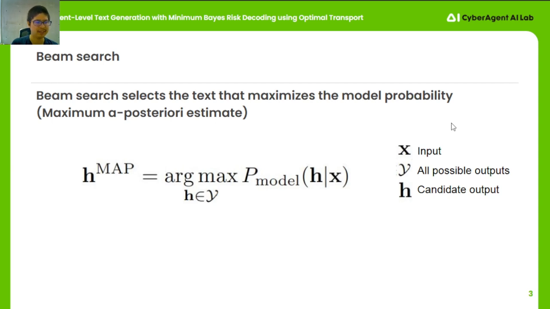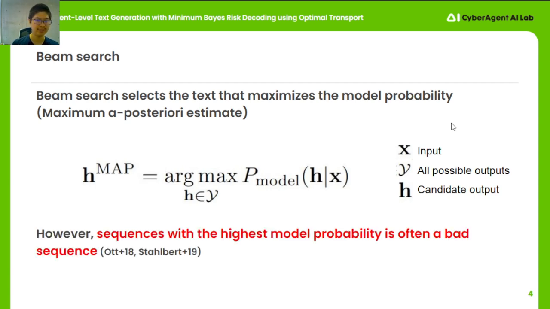But essentially, it is what's called a maximum a posteriori estimate, which is the inference algorithm in machine learning, where you select the hypothesis or output that maximizes the model probability. So it's kind of believing in the model. That's what people were doing until like 2019. However, the sequence with the highest model probability is often a bad sequence.